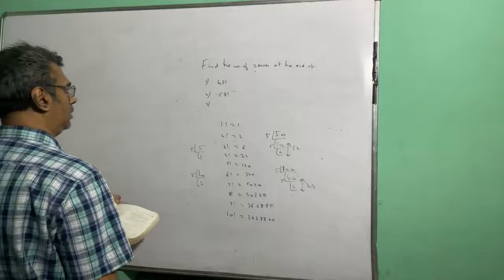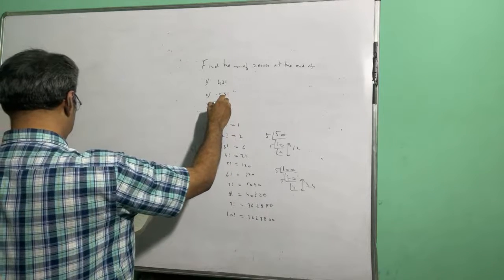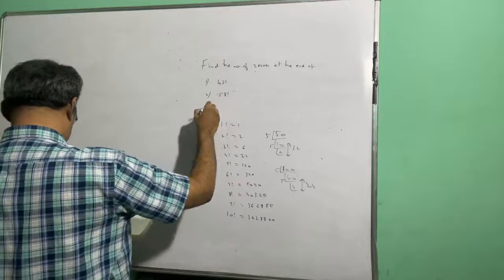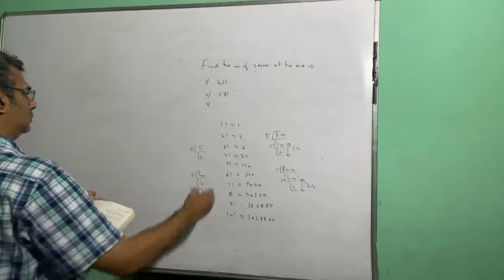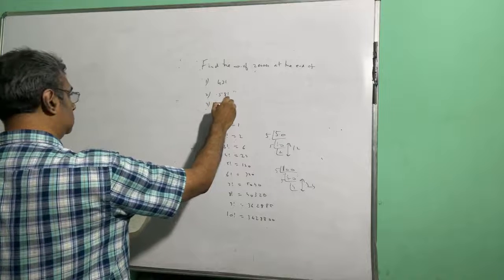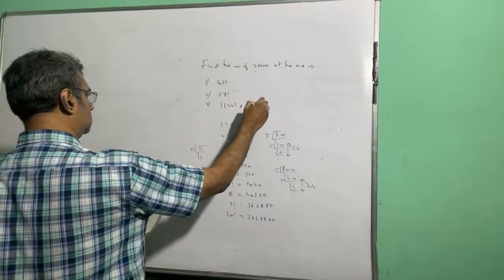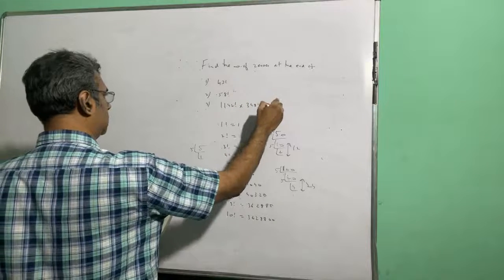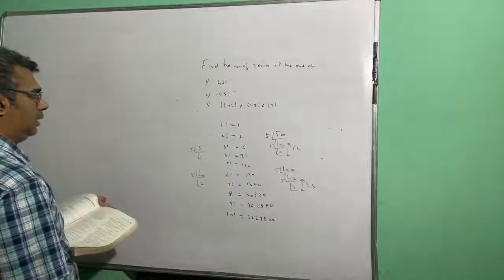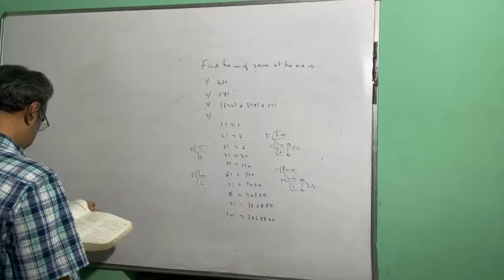Find the number of zeros at the end of 47 factorial, 58 factorial, 114 factorial into 3 factorial, 8 factorial into 17 factorial.